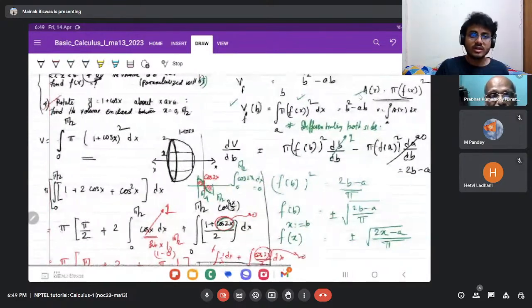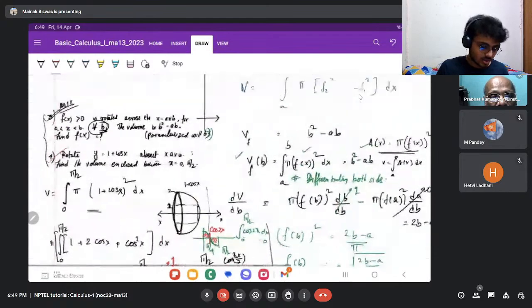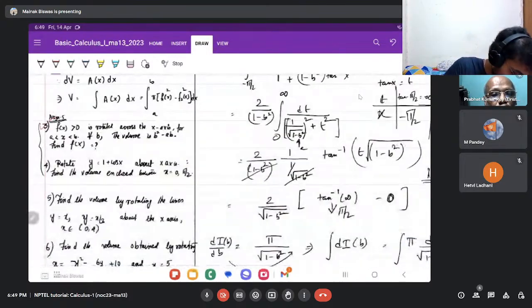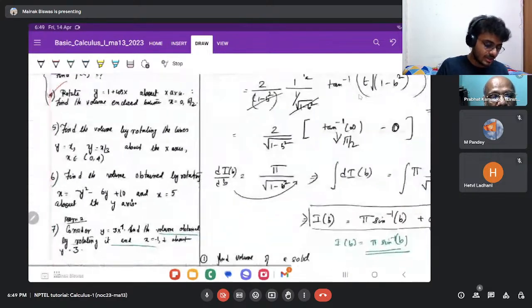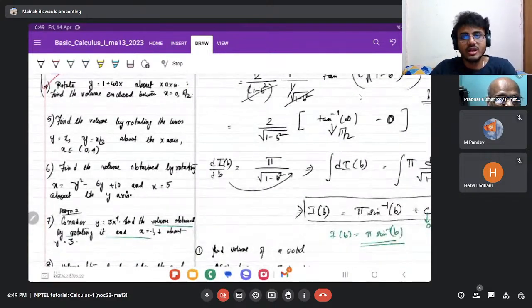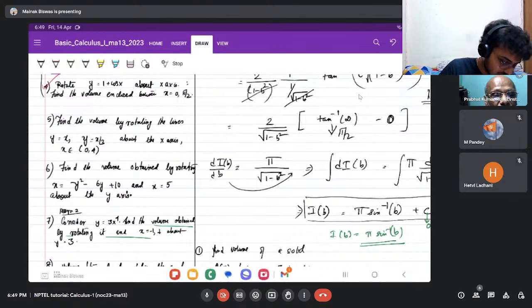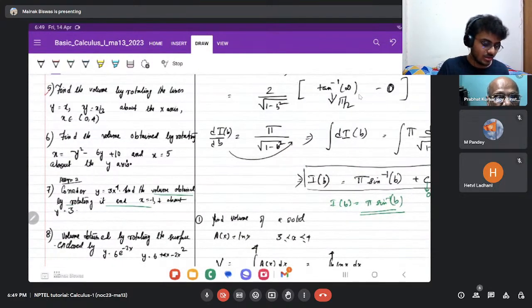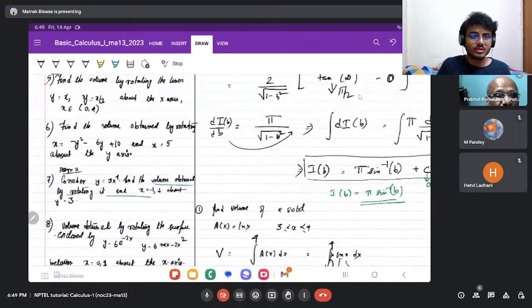So I hope this is fine. The calculations you can also try out. This is primarily to see how to form the integrals. Next we'll be doing this. I'll be sharing my laptop screen also, and then we'll be seeing how to visualize this. Let's first solve question number 5, and then we'll be visualizing.